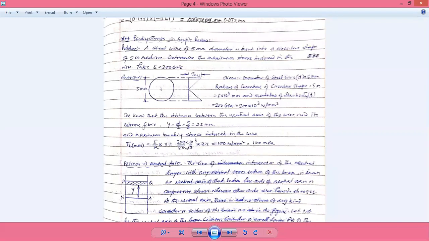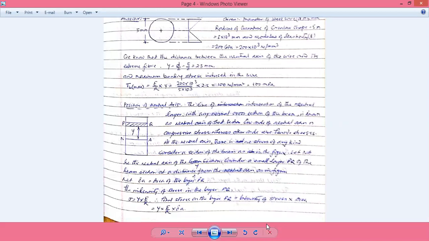So 200 into 10 to the power 3 divided by R, which is 5 meter, 5 multiplied by 10 to the power 3 millimeter, multiplied by y, which is the radius of the wire, equal to 2.5. So the stress sigma is equal to 100 Newton per millimeter square or 100 MPa. This is the value of the stress which we want to know.